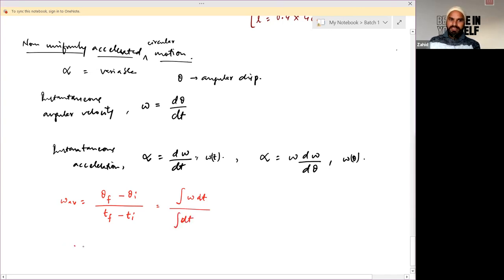Similarly, average acceleration will be equal to omega final minus omega initial divided by t final minus t initial. So these are some formulas with which we have to solve different problems, similar to what we did in third chapter for translational motion.